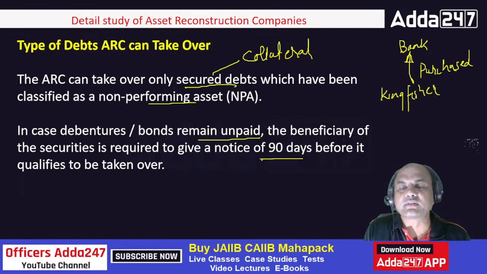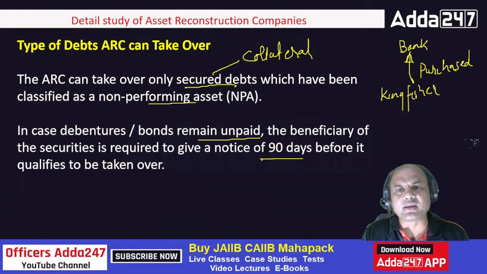The bank has purchased these debentures from Kingfisher Airlines, and now it has become an NPA. When will it become an NPA? If Kingfisher Airlines or this company is unable to pay the amount which the bank had given to it.